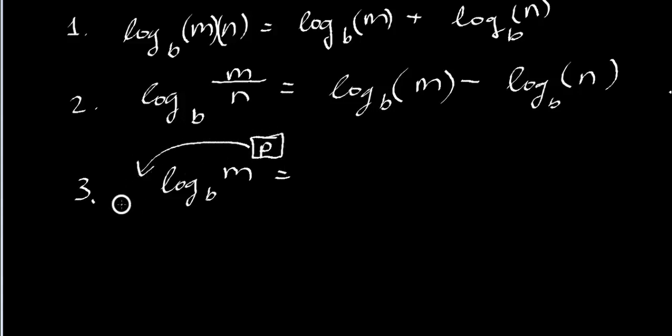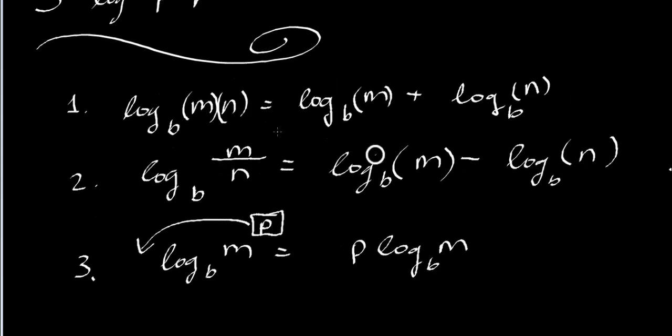You want to bring down your exponent. That's a rule for logarithmic functions, okay? And don't bring the p down here beside the m, all the way behind the log. So it will look like this. p log base b of m. Alright? And that's all. These are the 3 rules.